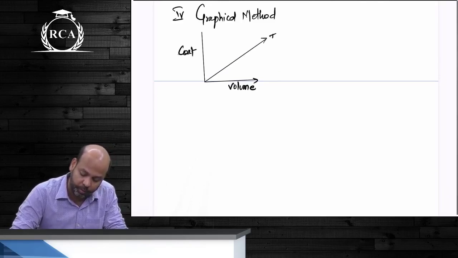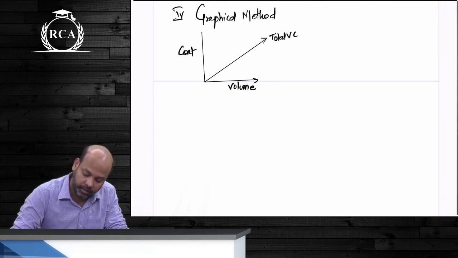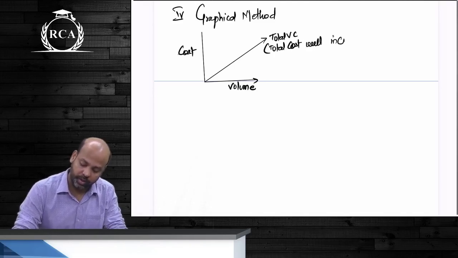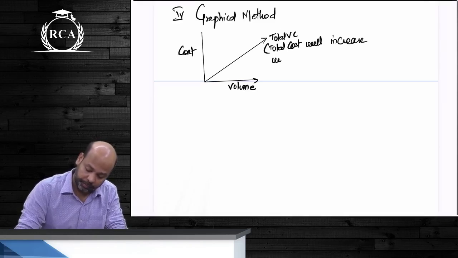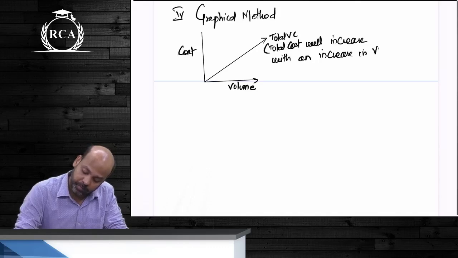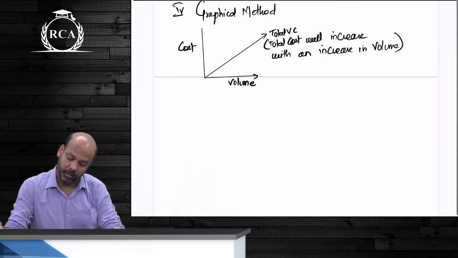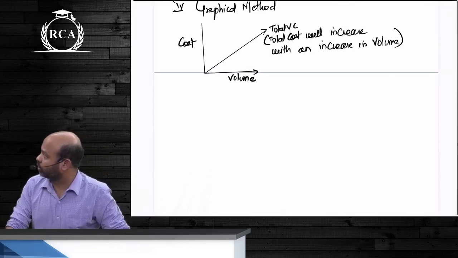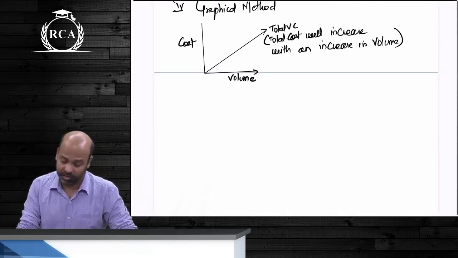Why is it an upward sloping straight line? Total cost will increase with an increase in volume.